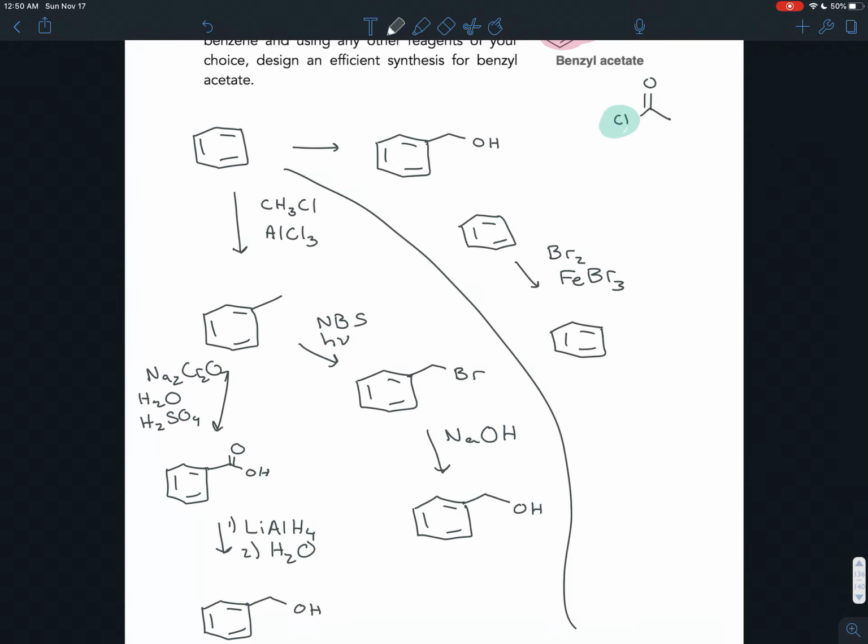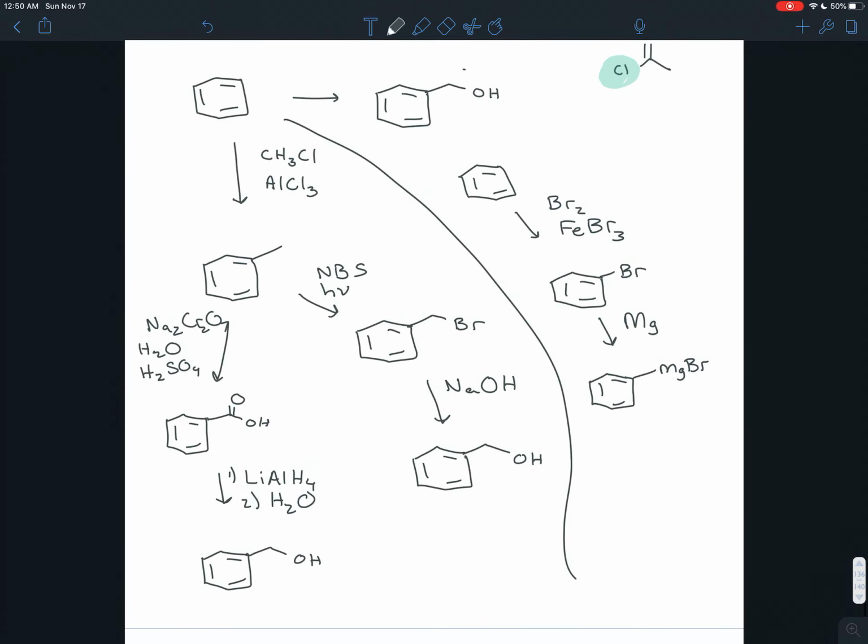Once you have the bromine, you're almost at your Grignard reagent. Just dunk some solid magnesium in. It'll insert itself in between the carbon and the bromine, and you'll have this Grignard reagent here, that carbon nucleophile. You could react that. We just want one carbon with an oxygen on it. To make it a good electrophile, we could make it a double bond, so we could react it with formaldehyde.